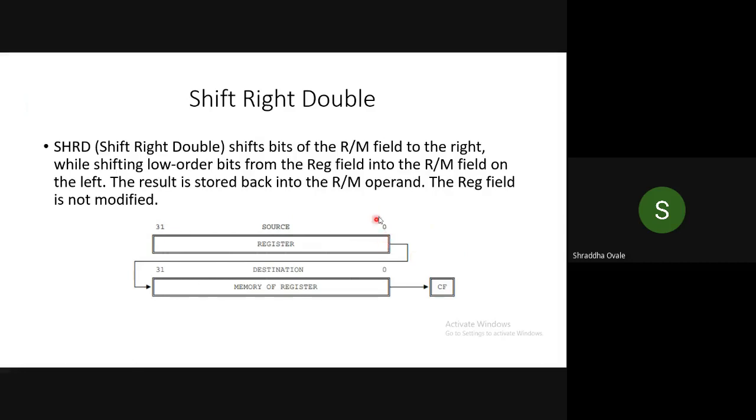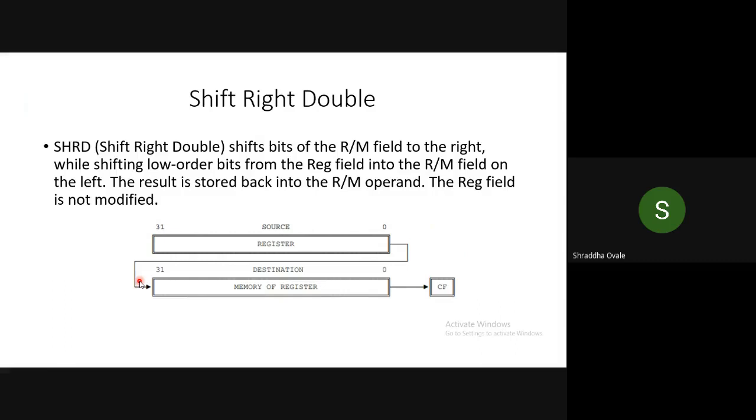Now in this shift right double, you are shifting the bits from your LSB, least significant bit. Means what? While shifting low order bits from the register field into the memory of register field on the left side. Okay. So the lower order bit of the source is getting shifted in the right direction. That is, the lower order bits are shifting from the right side.